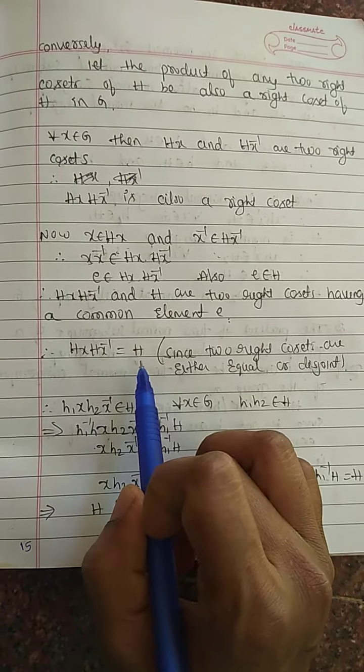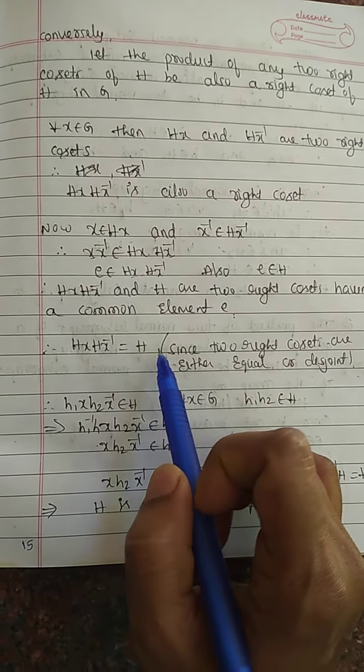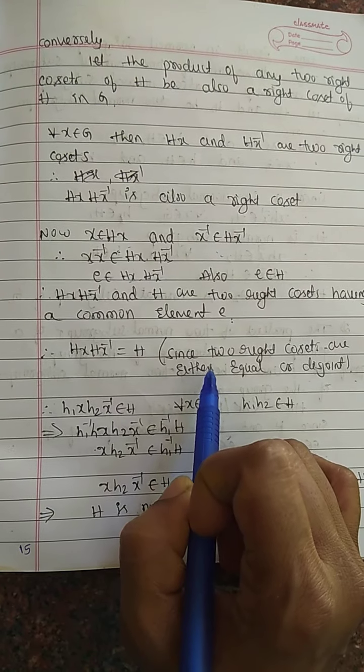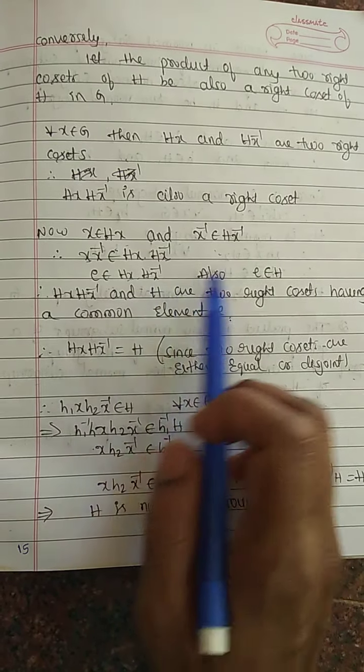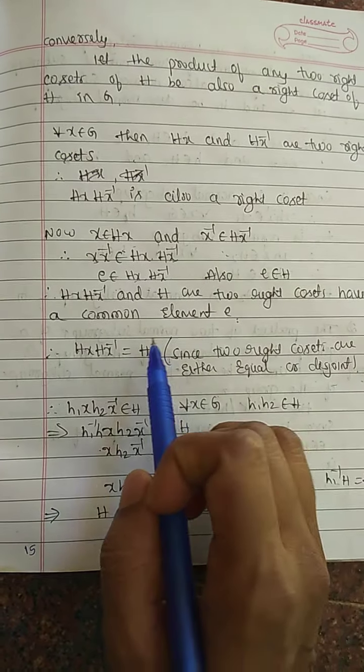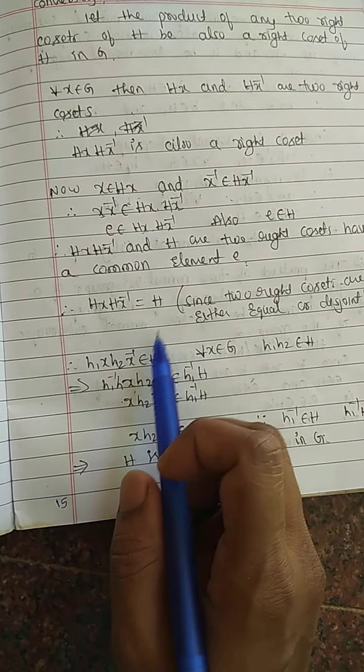Are they equal? Yes, they are equal, because any two cosets are either equal or disjoint. If they are disjoint, there is no common element. But here e is a common element in both cosets. Therefore these two are equal.